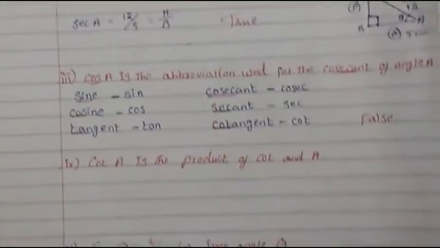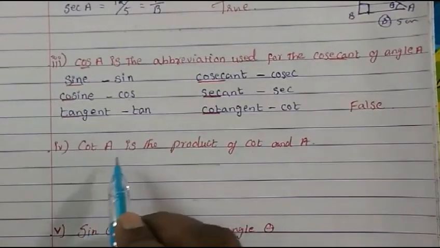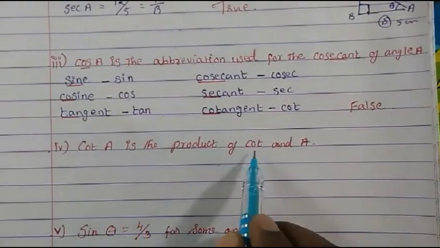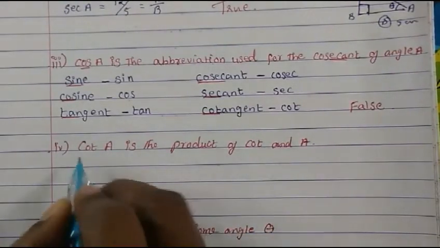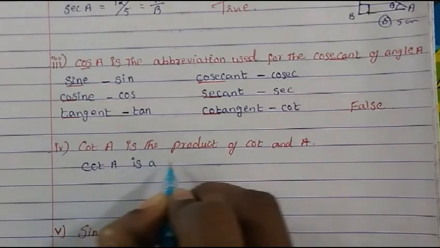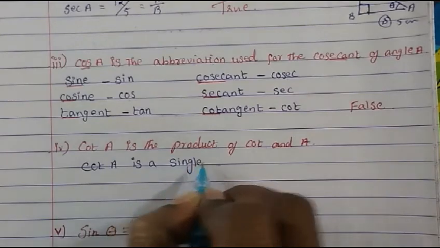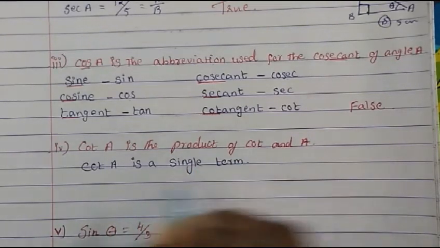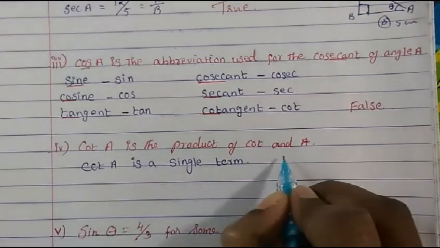Fourth one, cot A is the product of cot and A. Now cot A is a single term. What is the meaning here?